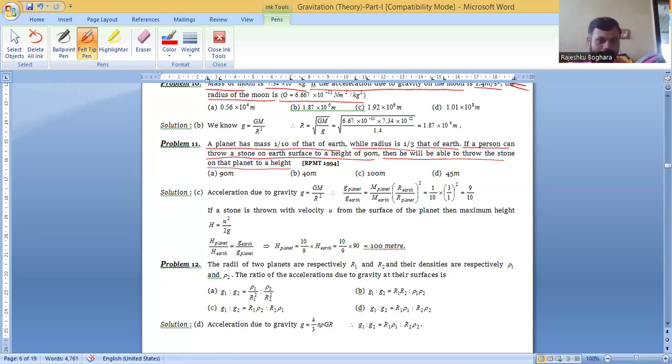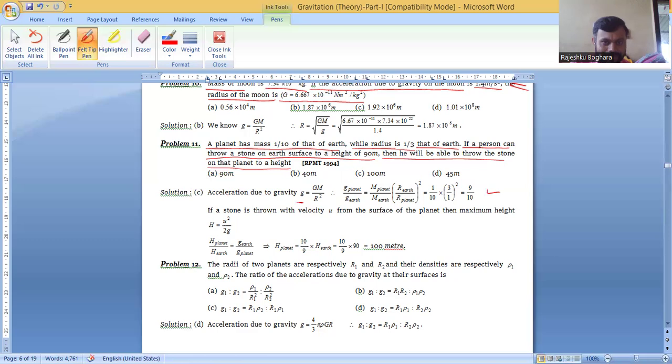Here acceleration due to gravity g is equal to GM by R square. So g planet upon g Earth is M planet upon M Earth into R Earth square upon R planet square. Then M planet by M Earth is 1/10, and with the reciprocal radius ratio 3/1 squared, we get 9/10.